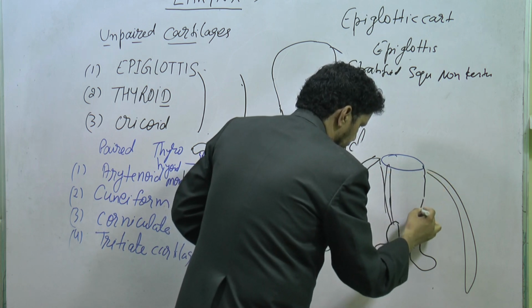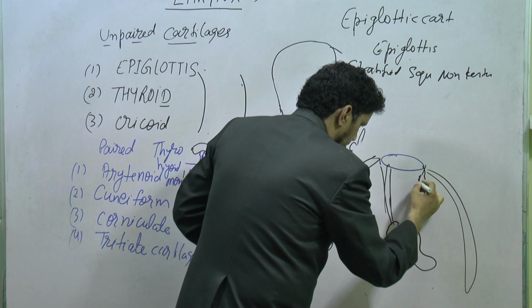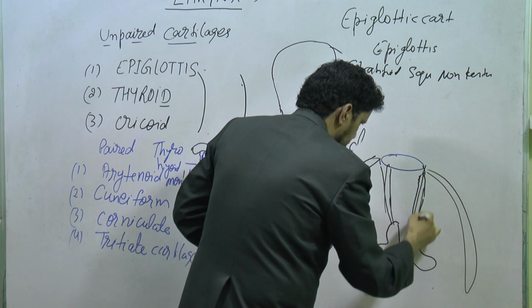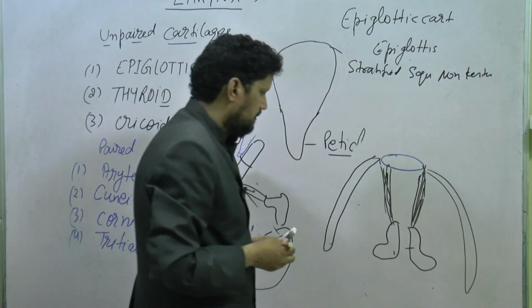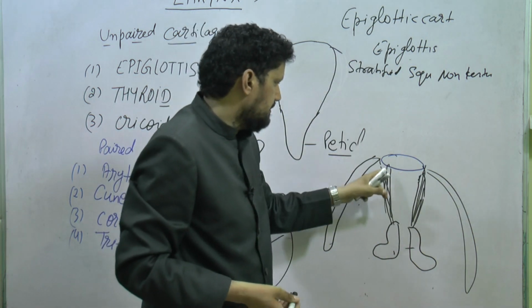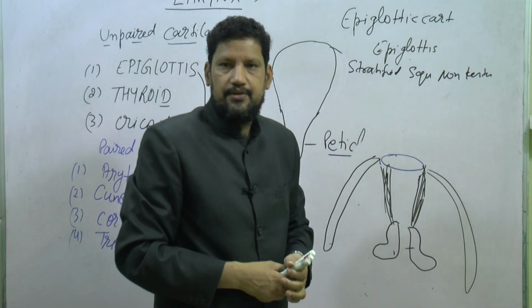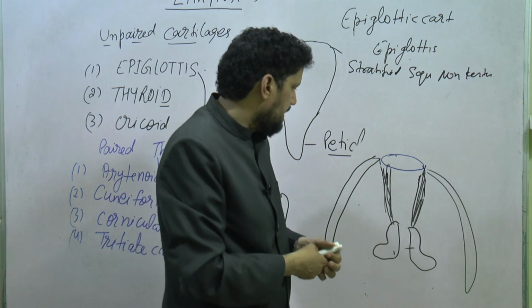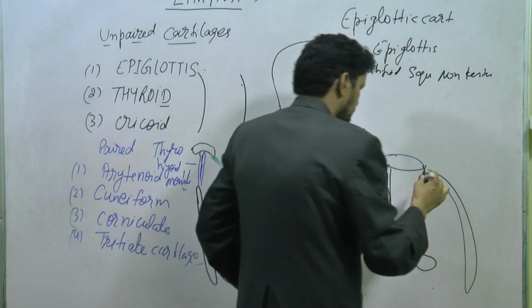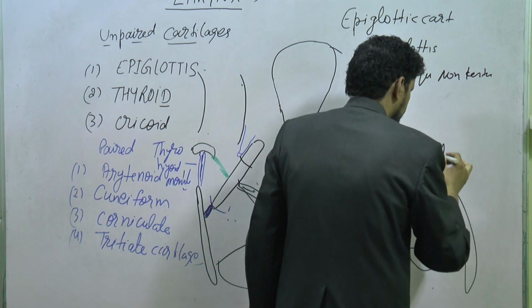So the lower part of the right and left border of the epiglottis, this is the right and this is the left border of the epiglottis, giving attachment to aryepiglottic fold.